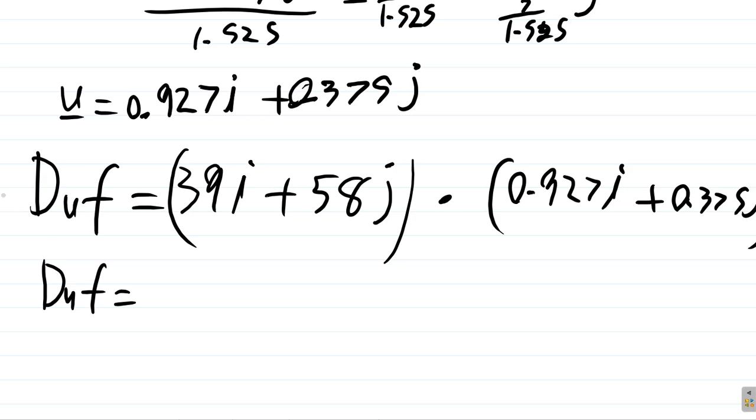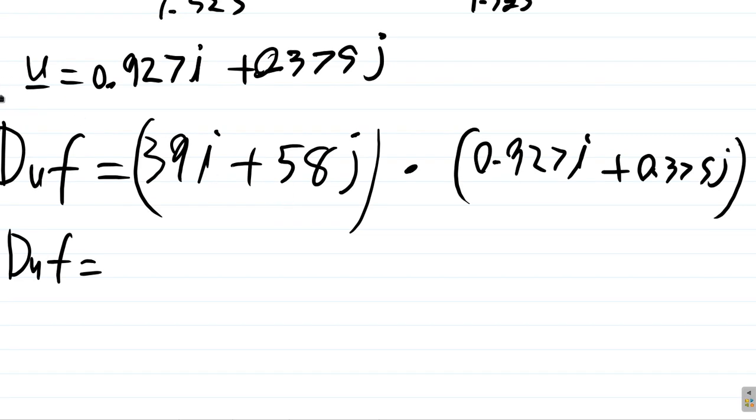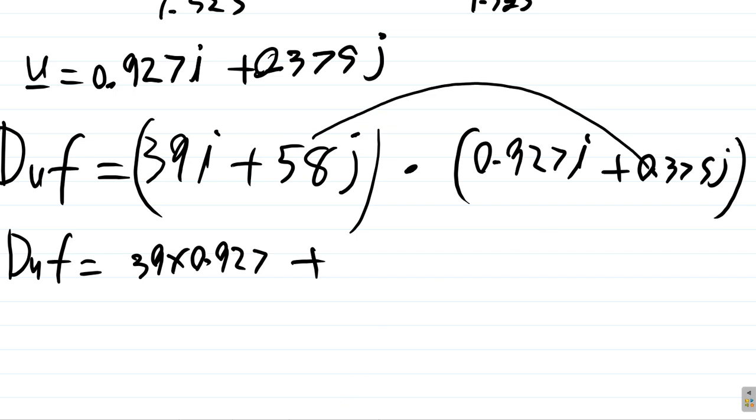So for the directional derivative here, remember how to calculate the dot product. It's going to be 39 times 0.927, and remember the dot product is a scalar, it won't be a vector. Remember the i and the j are just showing the directions, so you can drop them off now. So it's 39 times 0.927 plus 58 times 0.375, i by i, j by j.